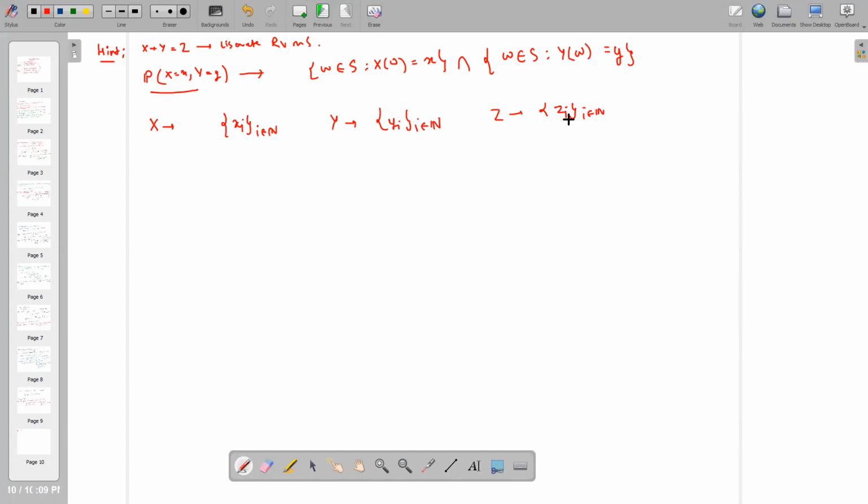Now observe, we have all expectations well defined, right? So we can interchange the orders of summations because they are finite.